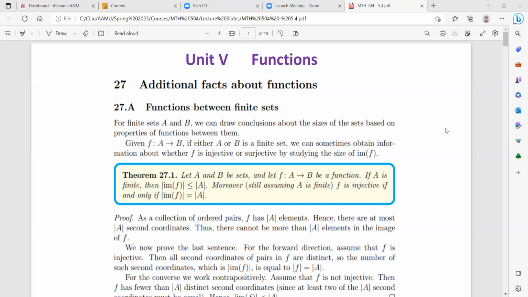Okay, so the first theorem is about the image of f, and this is pretty straightforward, I believe.